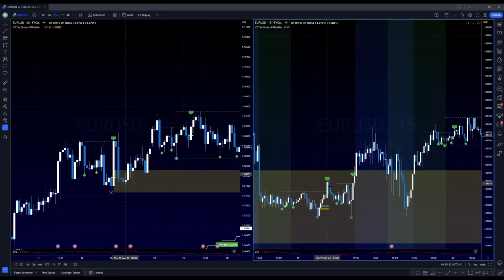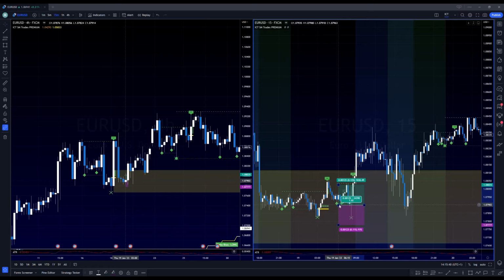When this happens, we can also set alerts for market structure shift trades on the 15-minute, and here we would get an alert that the long trade is formed. From this moment we can set a buy limit on the beginning of the last fair value gap. So we always do this in this particular strategy.